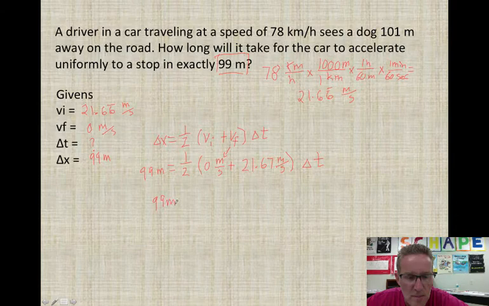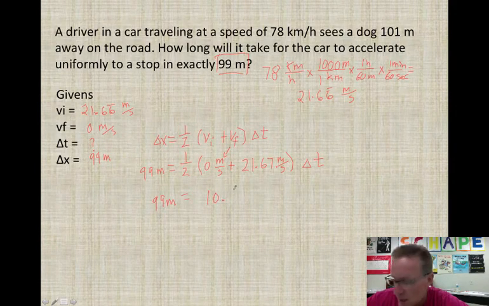So 99 meters is equal to, and I'm going to apply this 1/2 times this sum, so we got 10.83, and that's repeating, and that's meters per second. Still multiply by change in time.